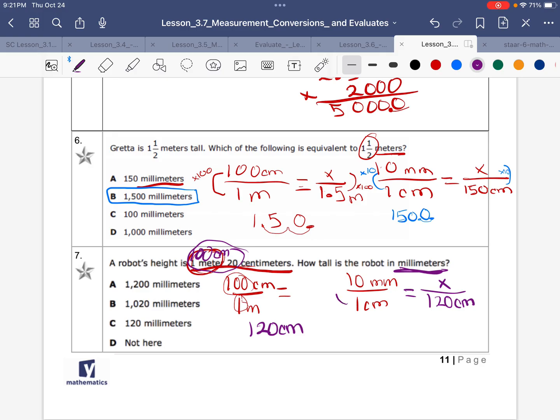Again, our simple 1 to 10, that's times 10. 120 to here has to be times 10 as well. So 120 times 10, you're adding a 0. And my decimal's here, so it's 1,200. Oh, nope. I was going to circle that 120, but that's not right. It is not here. There you go.